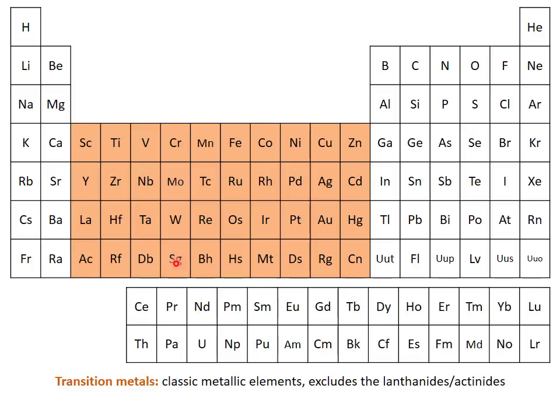Transition metals excludes the lanthanides and the actinides, and these are all lumped together because their special electronic configuration gives them subtle and complex chemistries that have been fun to play with. So that's the main group elements versus transition metals. Those are simply by what groups the elements are in.